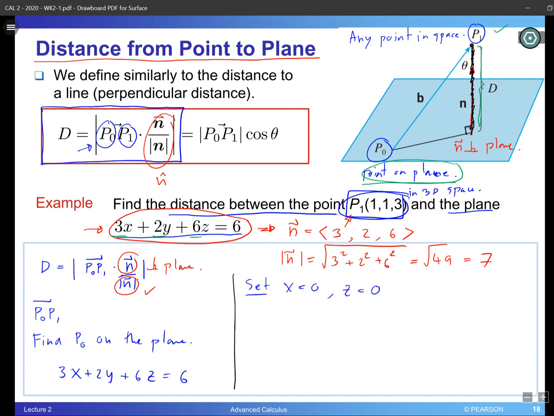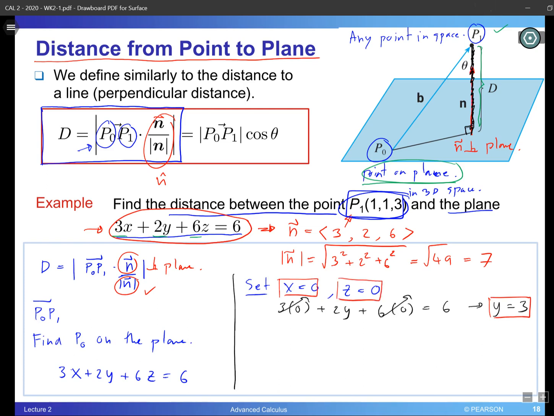So 0 is going to go in, and I get 3 times 0 plus 2y plus 6 times 0. I want this to be equal to 6. And this goes away, and from this I know that y is going to be equal to 3. So y equal to 3, x equal to 0, z equal to 0.